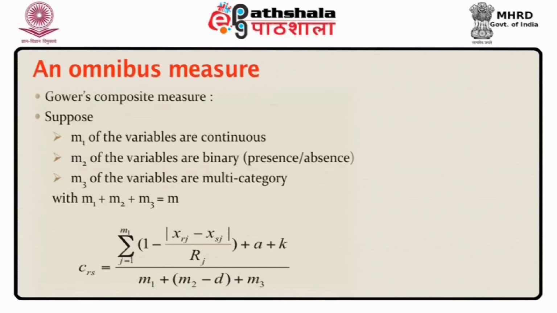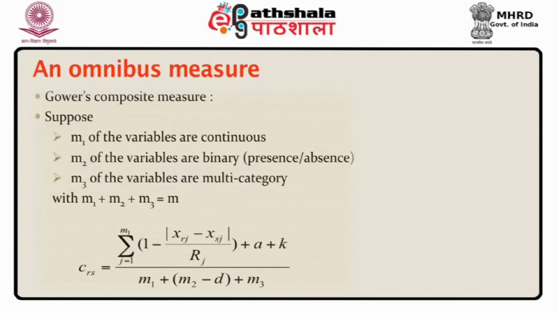Now, this looks a little difficult to comprehend at first glance, but let's have a look at this. If you look at the numerator, the first part of the numerator is summation j equal to 1 to m1, 1 minus the absolute value of xrj minus xsj divided by rj. Now remember, the absolute value of xrj minus xsj by rj is a continuous distance measure that we have already looked into.